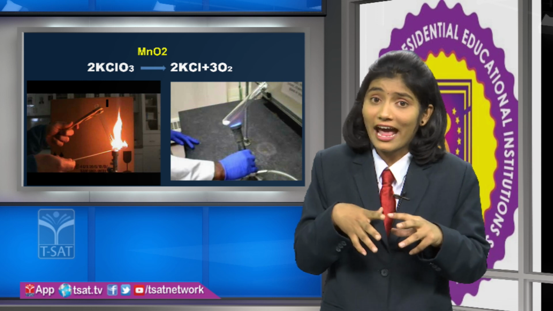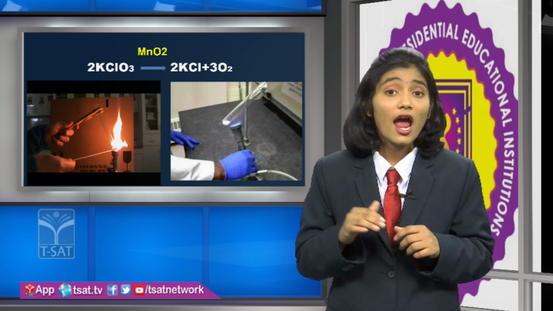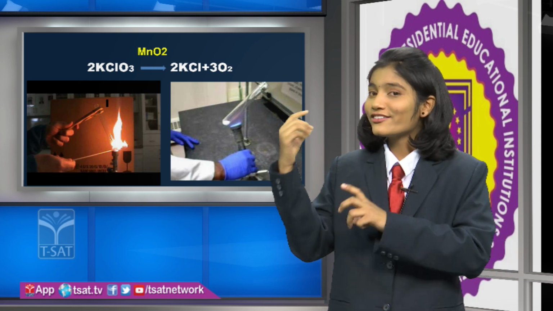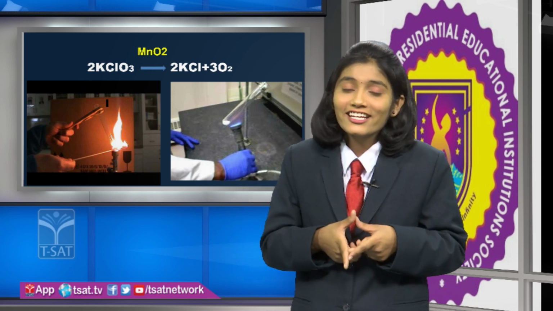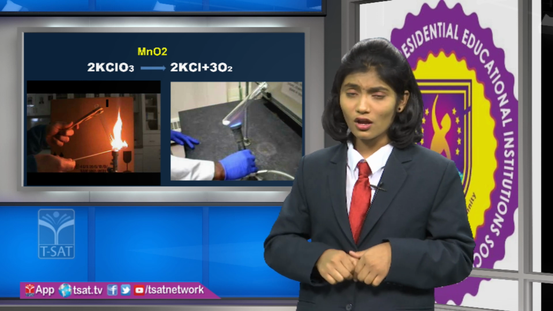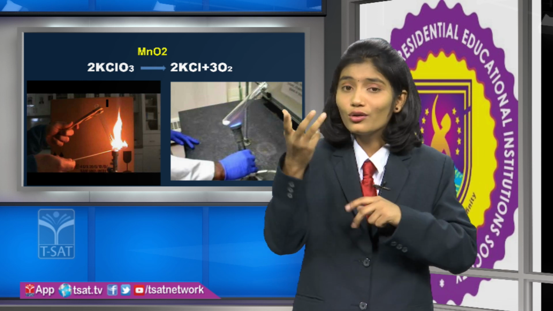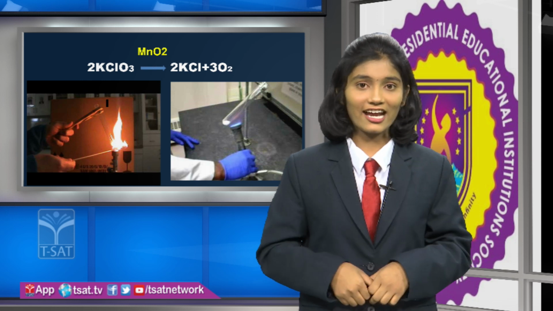The same reaction takes place at an accelerated rate at a lower temperature, 453 to 673 Kelvin, when manganese dioxide is added to the reaction. Friends, what is the difference between these two things?